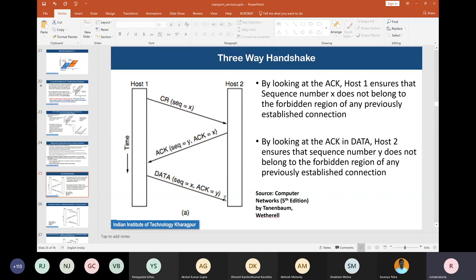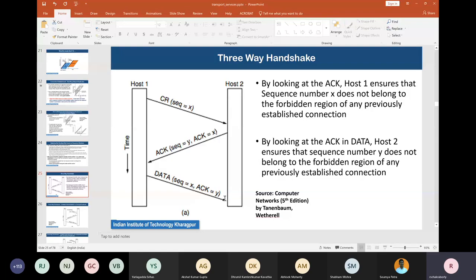In the connection request segment, the sequence number field has a meaning. A connection request is a special type of segment. In this segment, it is mentioned to host 2 that host 1 wants to start a connection, and host 1 has decided, based on some scheme which we will study very soon, that it is going to start from sequence number X. This X is a random value within a certain range.